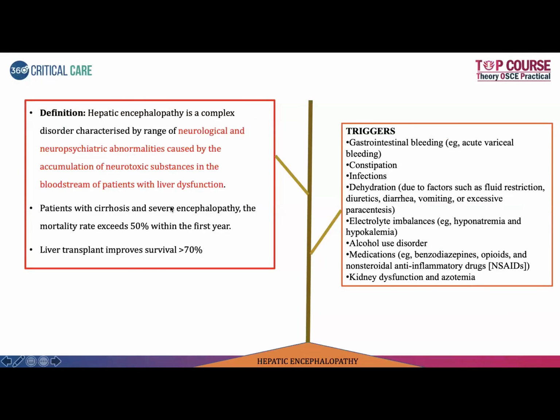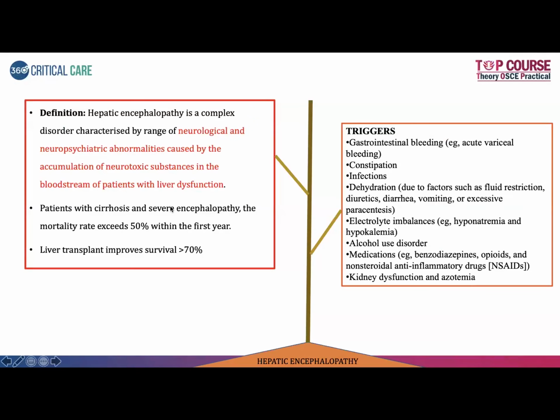Grade 2 will be lethargy, apathy, disorientation, personality changes. Grade 3, patient is somnolent, semi-stupor status, responsive to stimuli, grossly disoriented, confused, and bizarre behavior. Grade 4 is patient is in coma or stupor. This is the West Haven grading.